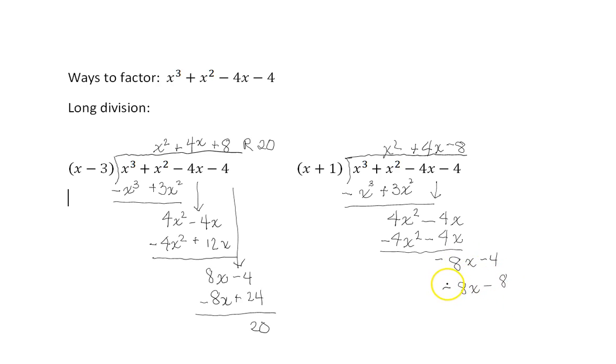In this case, I'm going to add those. Alright, in this case I'm a lot closer, but I wind up with a positive 4, so this is also not going to be a factor.